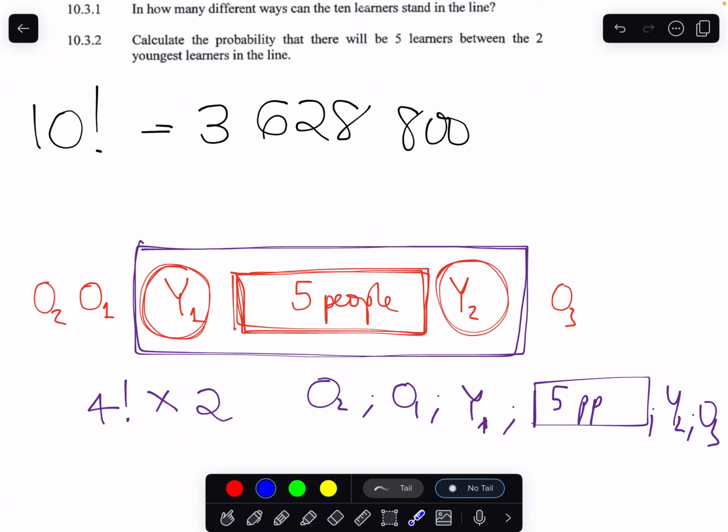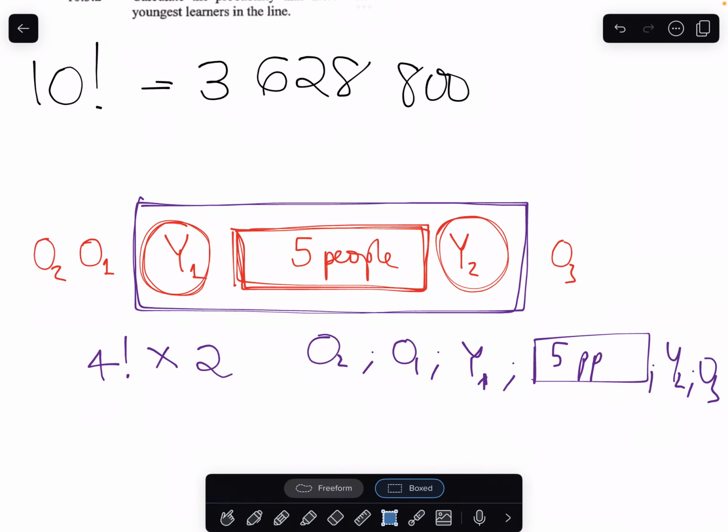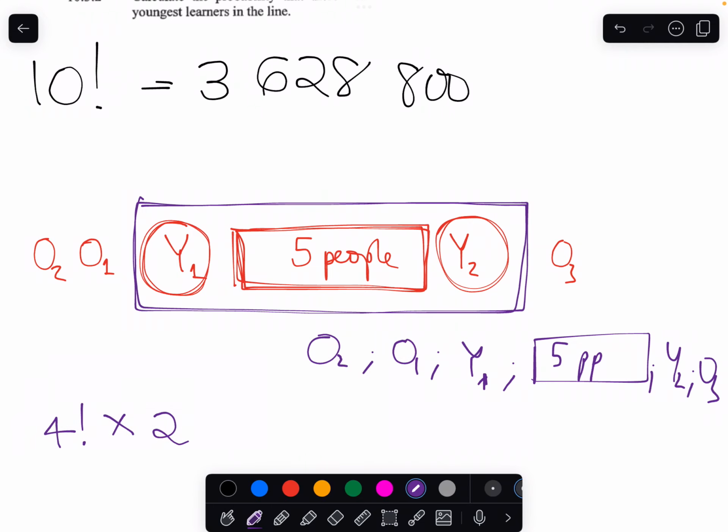Then we have the same setup, except now we swap the B and the A. That's another arrangement. And then the same setup, except now we swap the D and the E. So for each arrangement that's possible here, we are creating a whole other arrangement for the line where the stipulated conditions are met. So we are going to multiply this by 5 factorial, because 5 factorial is the number of ways that we can arrange 5 people. And that's all that we have to consider.